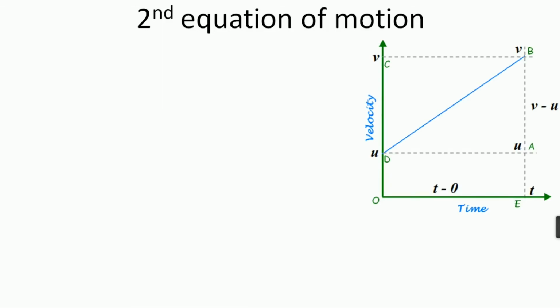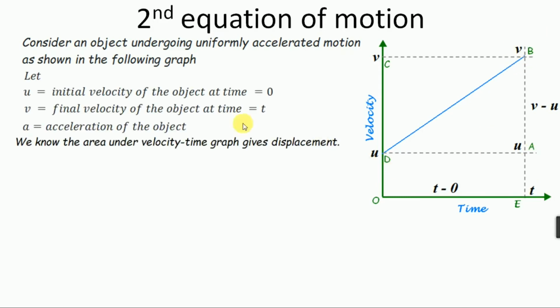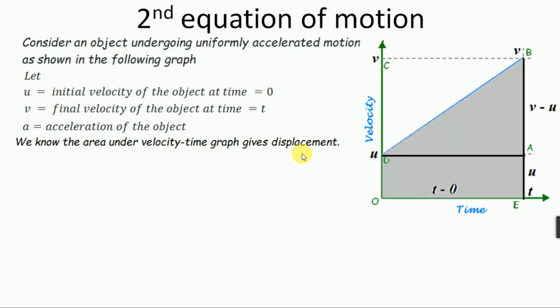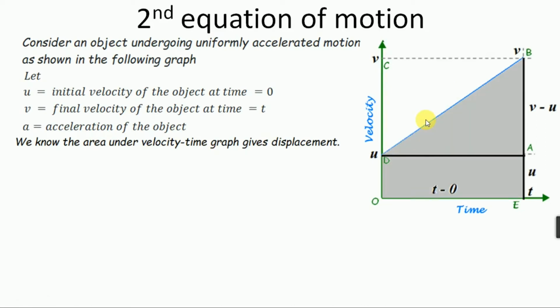Now for the second equation we will take a graph of an object undergoing uniform acceleration. When time is 0, the initial velocity is u, and when time is t, the final velocity is v. We know the area under the velocity time graph gives displacement, so we have to find the area under DB. This shaded part is the area under DB.